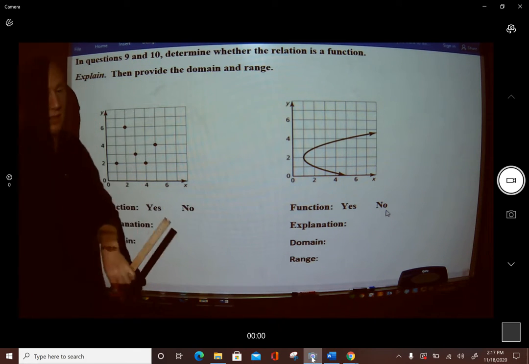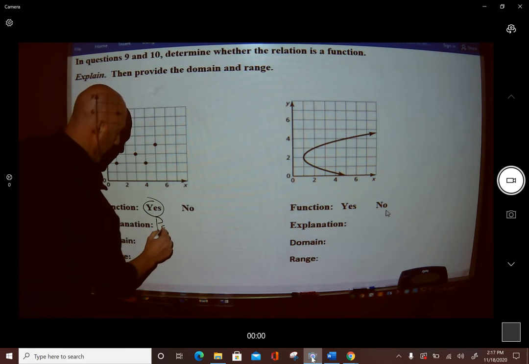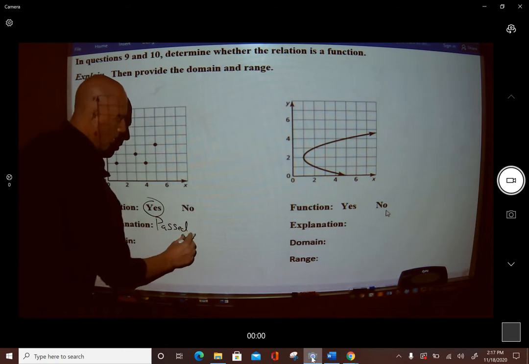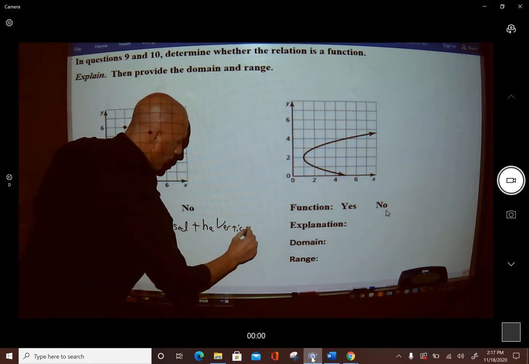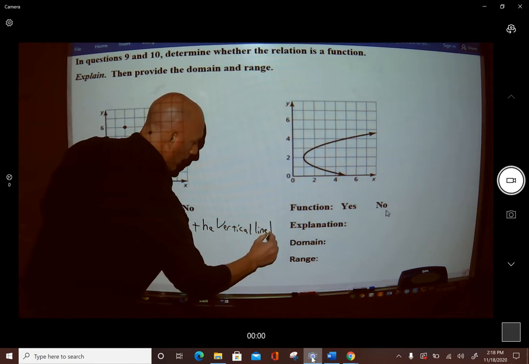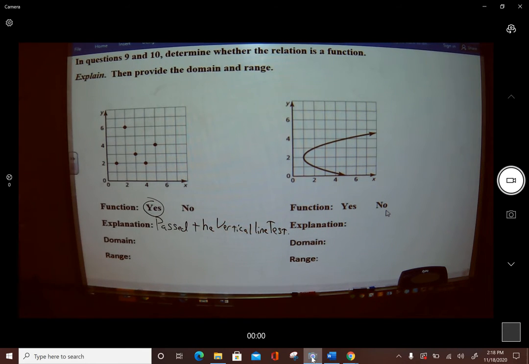It passes. Once it passes, we know, yes, we are a function. Why? Very easy. It passed the vertical line test.